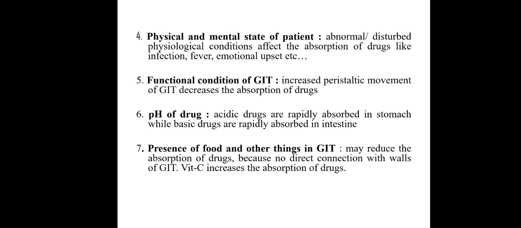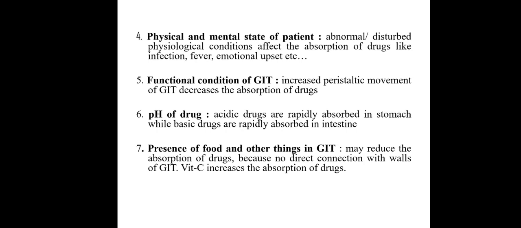Abnormal, disturbed physiological conditions affect the absorption of drugs, like infections, fever, emotional upset, etc. If the physical and mental condition of the patient is not stable, it will affect the absorption of the drug.